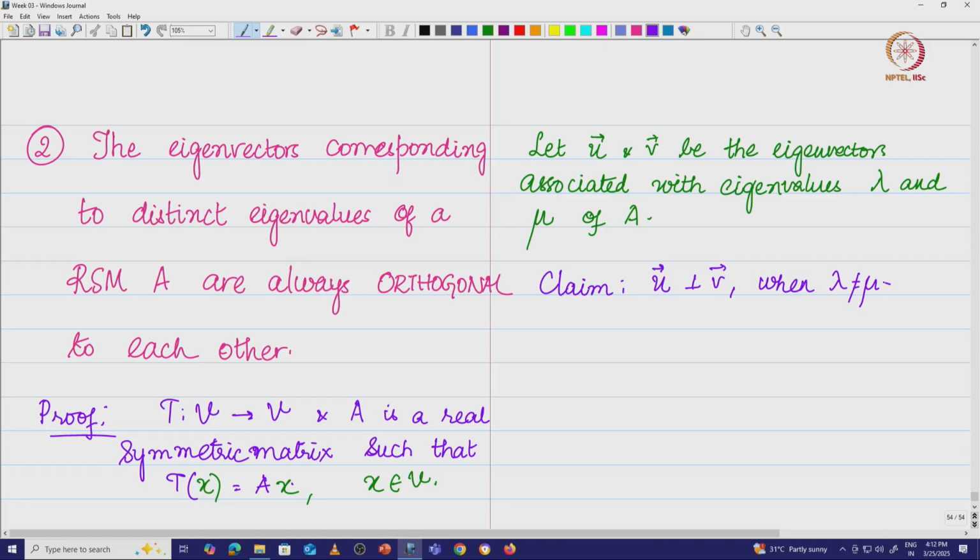So, let us say lambda and mu of A, that means lambda is not equal to mu, we are already taking that, they are distinct eigenvalues. Okay. So, let me make this associated with distinct eigenvalues lambda and mu of A. So, what do we have? We have this.